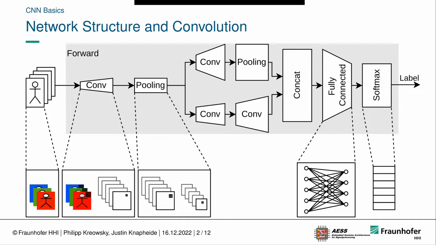So, a brief introduction on CNN basics. What we see here is basically an inference of a neural network. Basically, a neural network consists of a number of layers connected in an acyclic graph, where you input a bunch of, let's say, images to the left, and then it outputs a number of labels to the right.